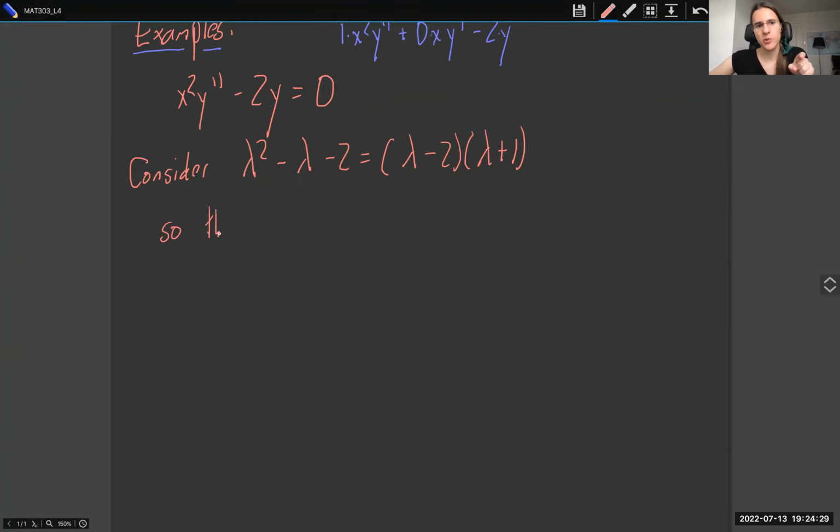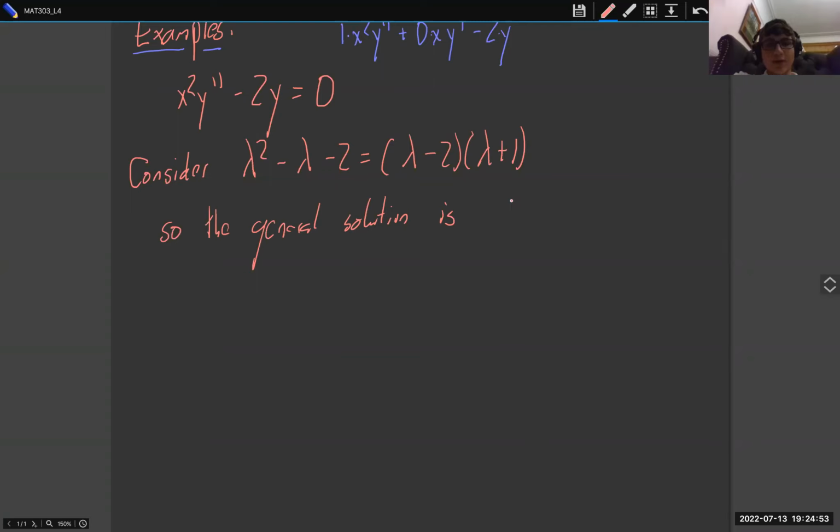So the general solution is what? x squared and x to the minus 1. Yeah. But the way that you say it is c times x squared plus d times x to the minus 1. Yeah. Good.